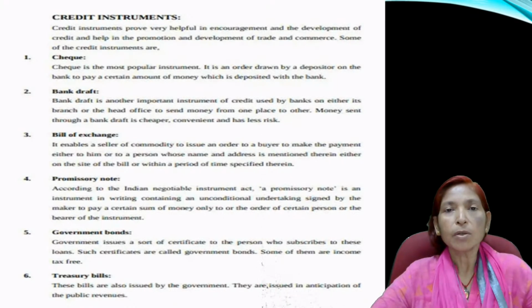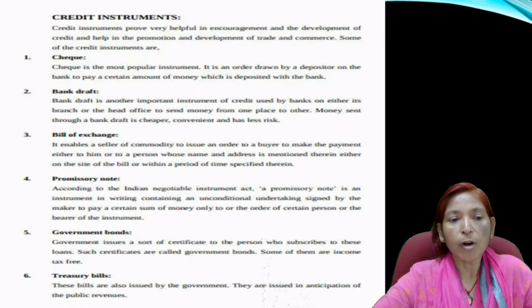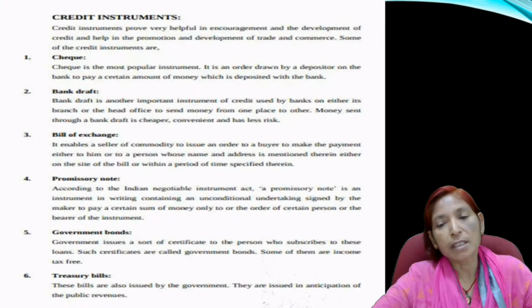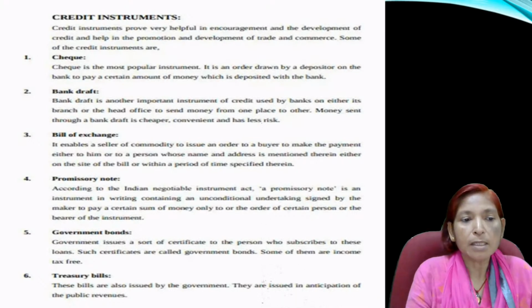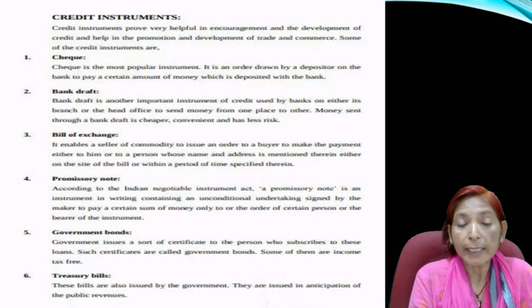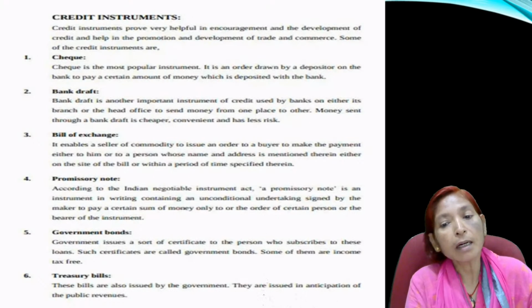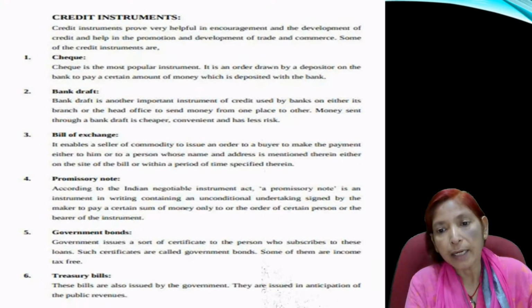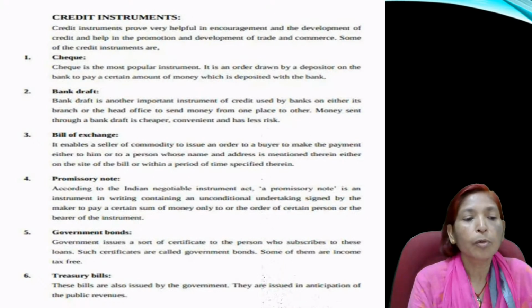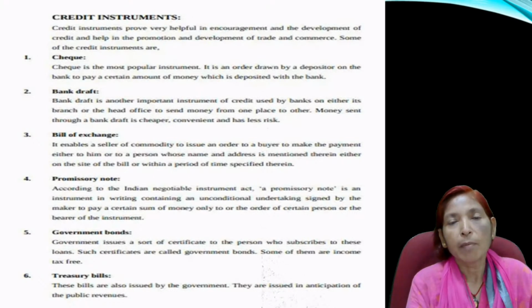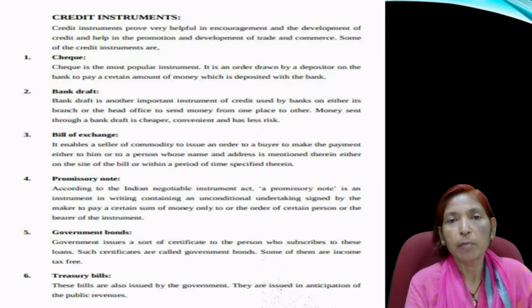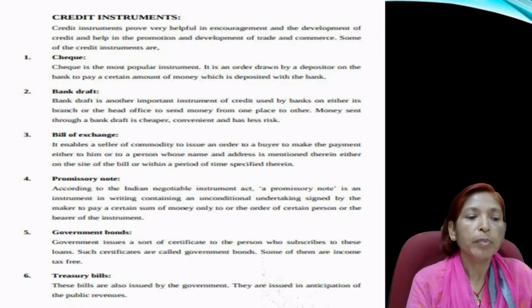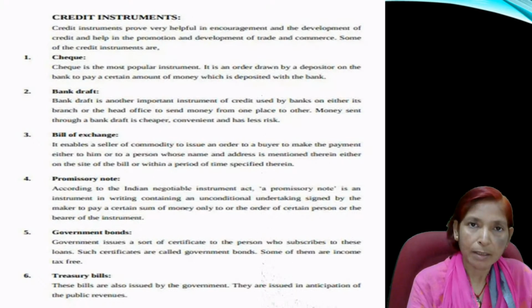And a promissory note, it is clear by its name, it's a promise. A promissory note is an instrument in writing containing an unconditional undertaking signed by the maker to pay a certain amount of money only to, or to the order of, a certain person or the bearer of the instrument.